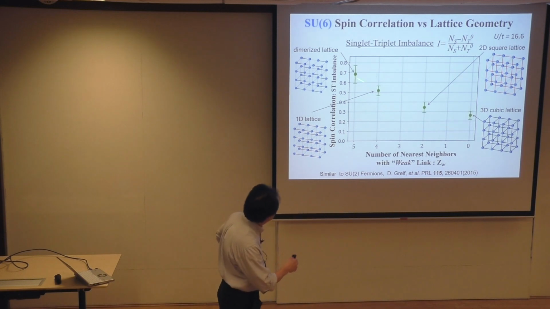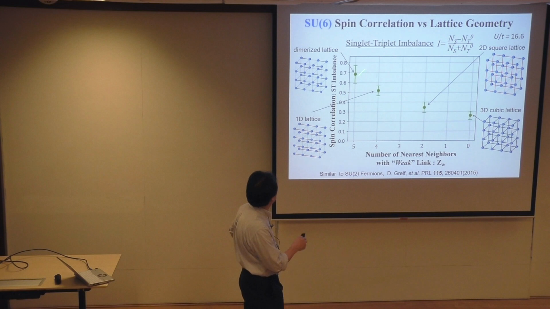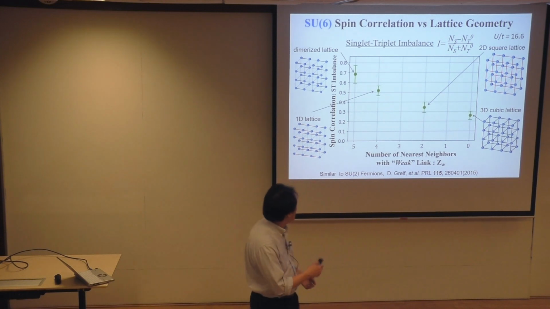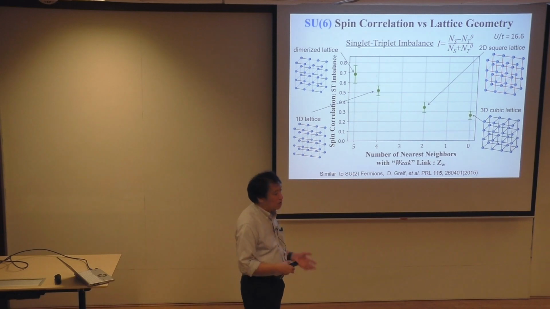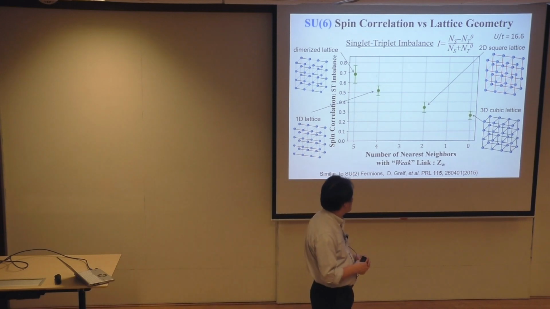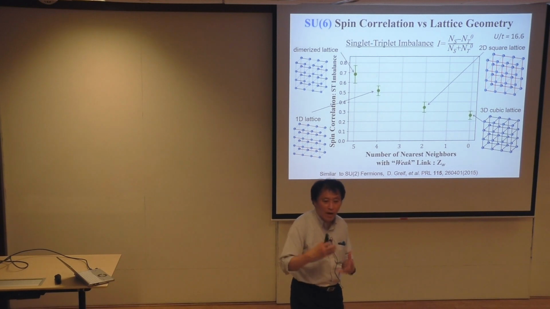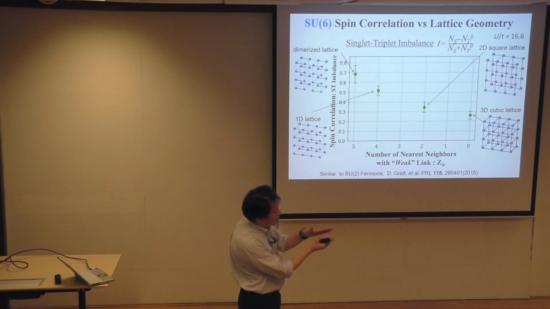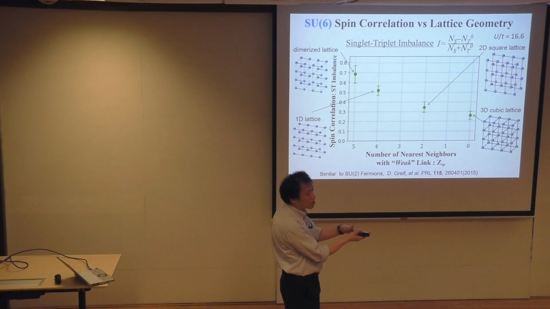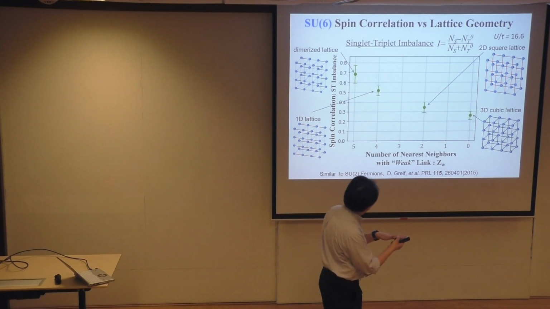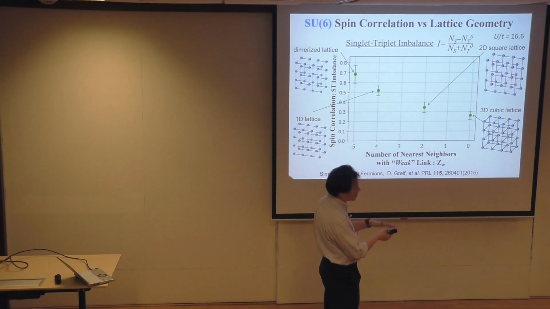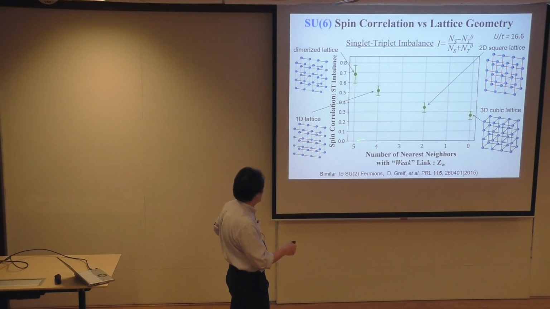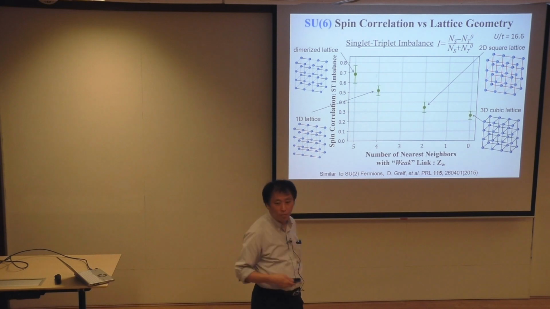And here you can clearly observe that higher spin correlation is achieved for a larger number of weak links. This behavior can be understood as the larger capacity of entropy for weak links, because they have a very small exchange energy, so they have a larger capacity of entropy. And similar behavior is also observed for the case of SU(2).